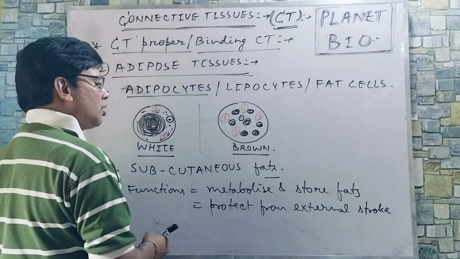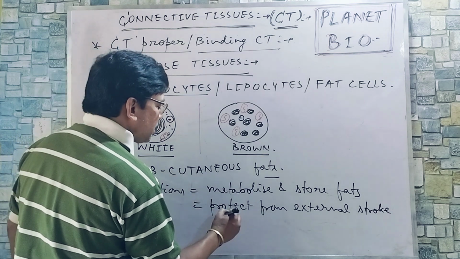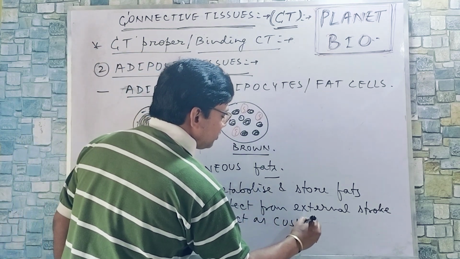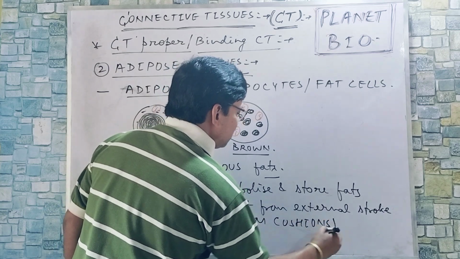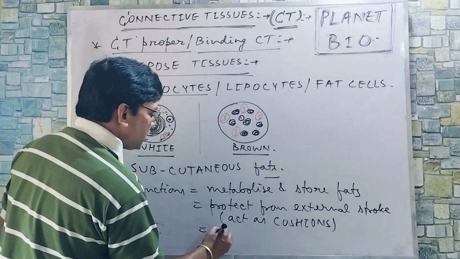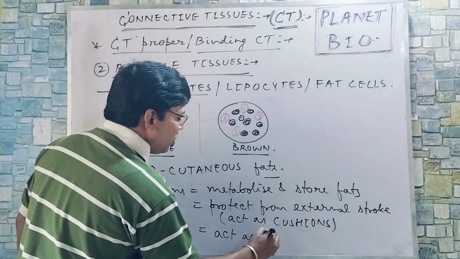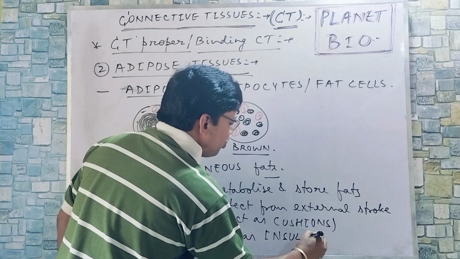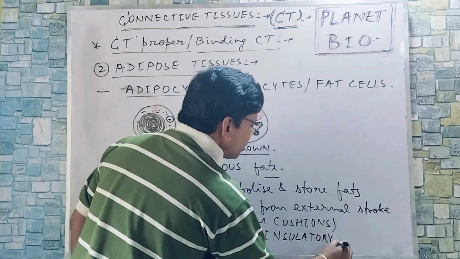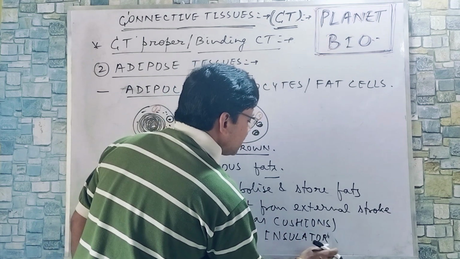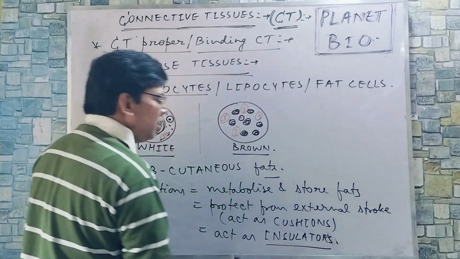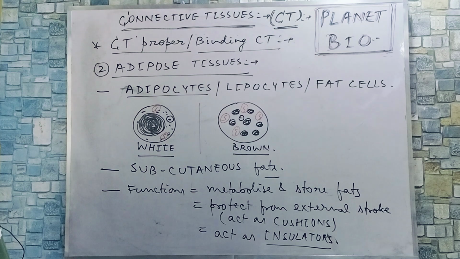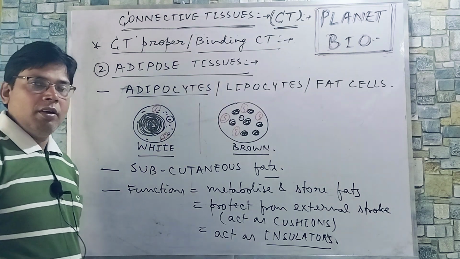They act as cushions and act as insulators also for our body, meaning they do not allow heat energy to go out. They act as insulators, not allowing the heat energy to go out from the body. So this is how adipose tissues are beneficial for us.